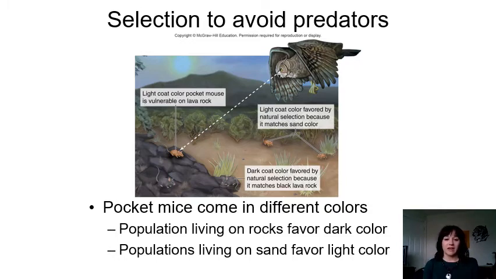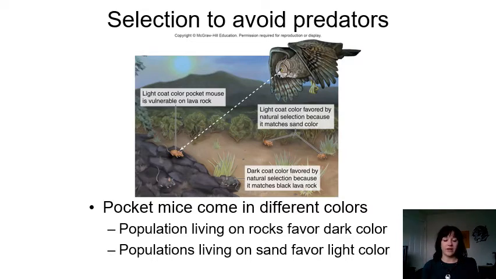So in this case, the variable trait, the phenotype, is fur color. This fur color has a genetic component, and there was variability in fur color in pocket mice. Some of them were black, some of them were lighter. And in this case, having a lighter color was not good.